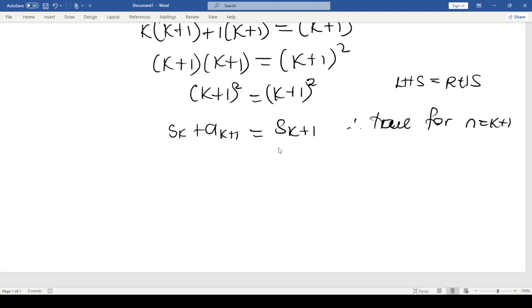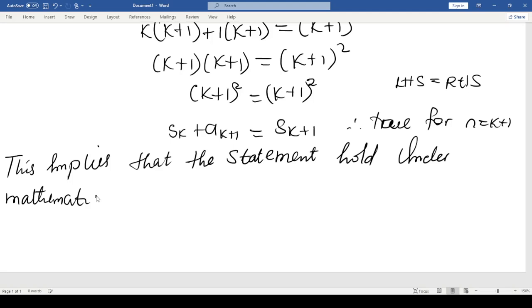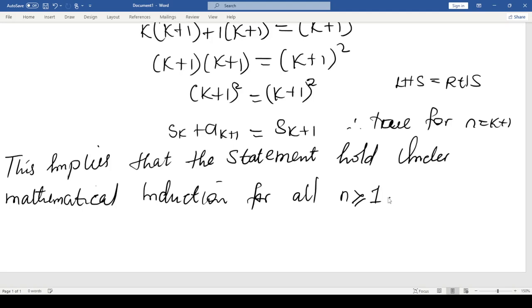So since the first three steps that we have there all hold for the given conditions that we're looking at, we can say this implies that the statement holds under mathematical induction for all n greater than or equal to 1. Okay, so let's do a few more examples.